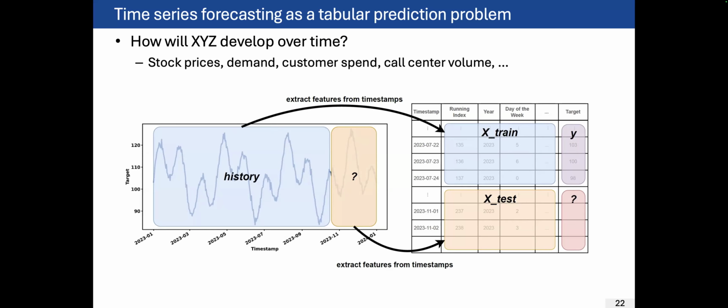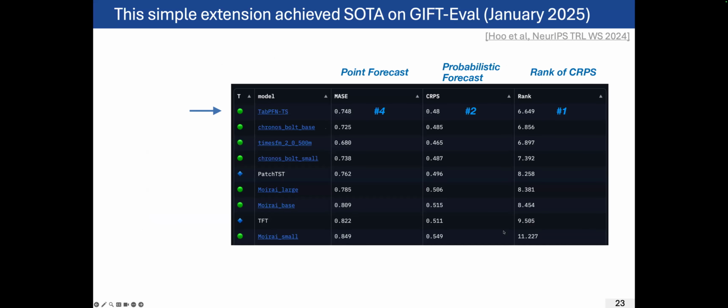And very surprisingly, this simple method, in January this year, when we tried this on GIFT-Eval, which is this leading benchmark for time series forecasting, was actually number one on this benchmark, above Amazon Chronos and Google's TimesFM, which are far bigger models. And these models are also actually trained on real time series data.